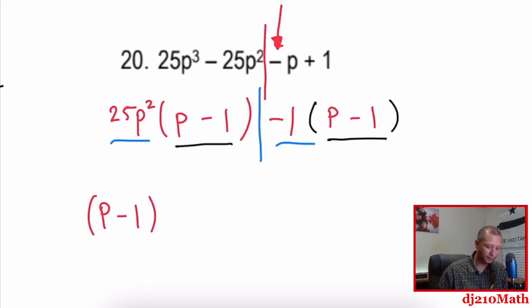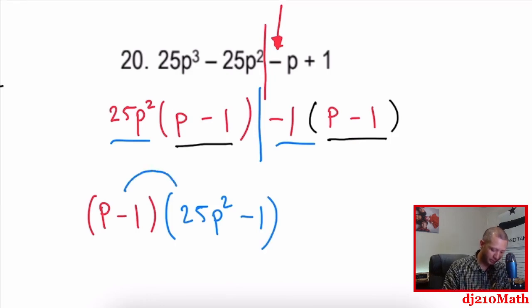What's common to both sides? p minus 1 is common. Each side has a p minus 1. Therefore, I can factor out a p minus 1 from the left and the right. That's exactly what's happening. So when they match, you just write them down here, p minus 1. And then what's left over? 25p squared minus 1. Because if you distribute this back, p minus 1 times the first part, 25p squared, gives you exactly what's above. p minus 1 times negative 1 gives you the second part.